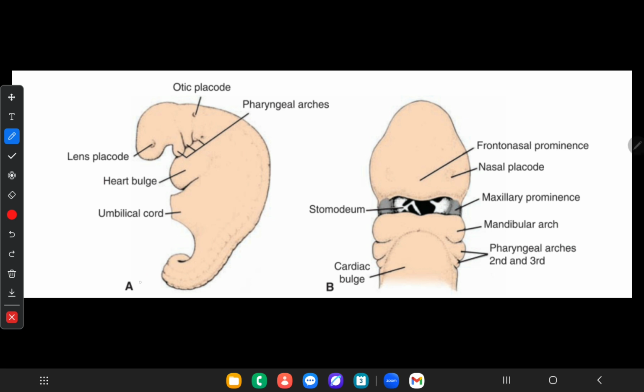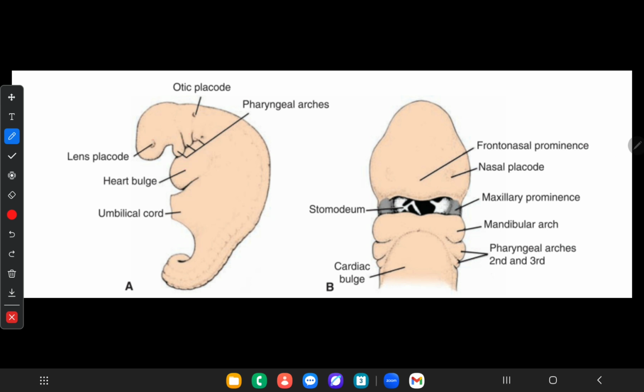Here you can see in diagram A a lateral view, and here in B an anterior posterior view. In picture A you can see lens placodes and otic placodes, and pharyngeal arches, with bulging for the heart and here for the umbilical cord.